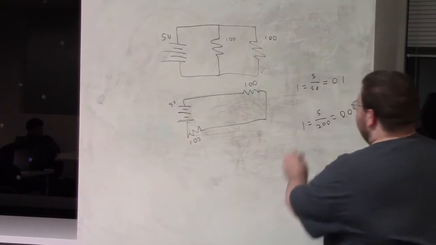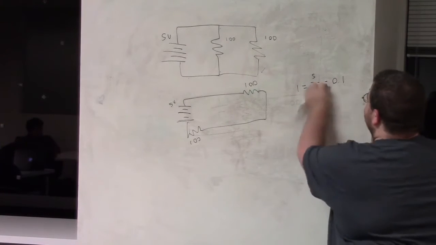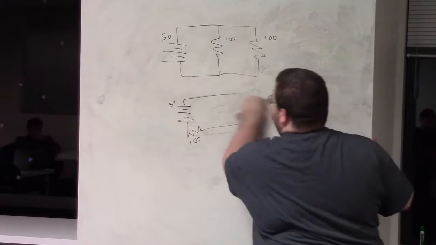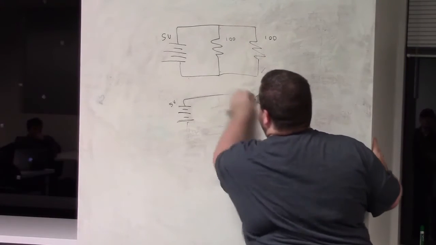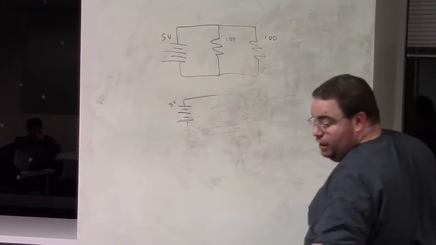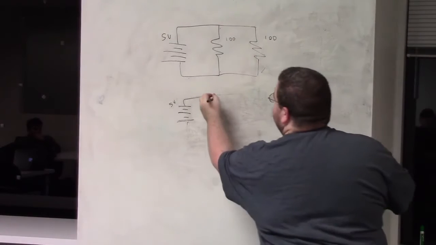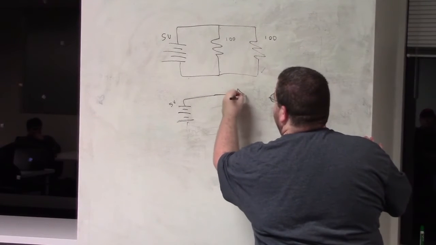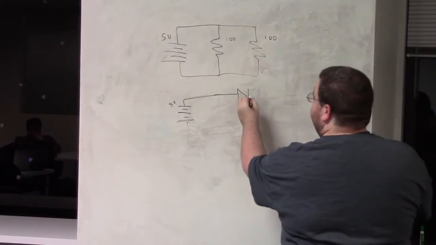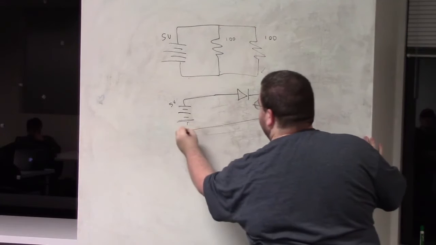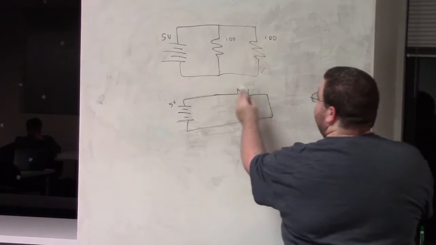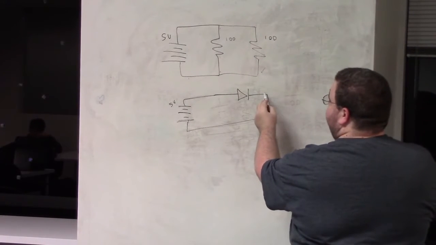Which means that if you have an LED in this circuit instead of a light bulb, then what you have, this is the symbol for an LED, by the way, 5 volts here, 4.3 here, and 0.